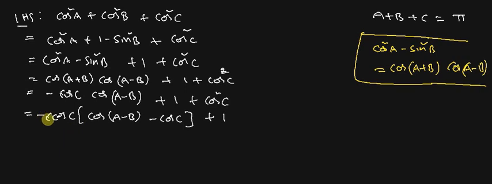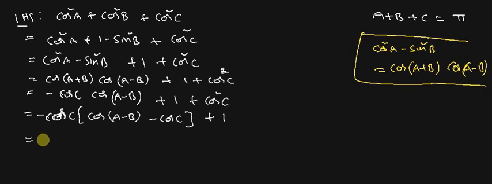Sorry, I just made a mistake here. This is cos. Okay, clear? If you multiply these quantities together, you will get the step before, so the step would be correct.